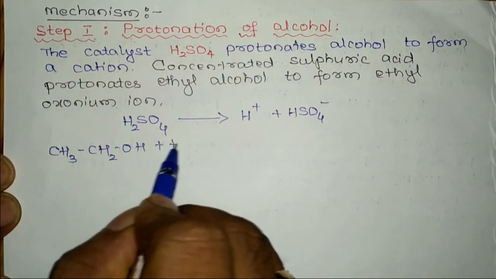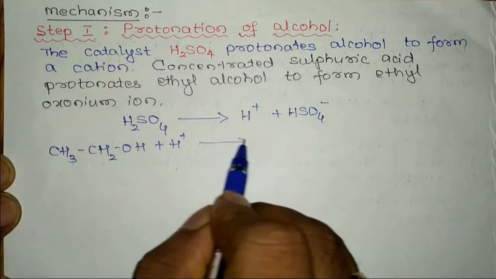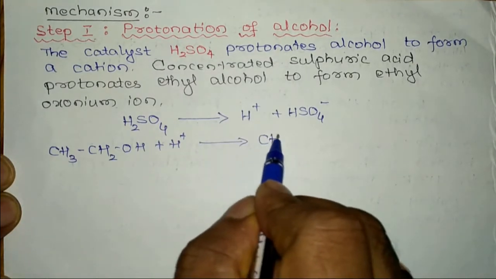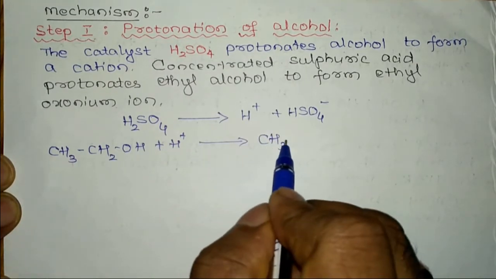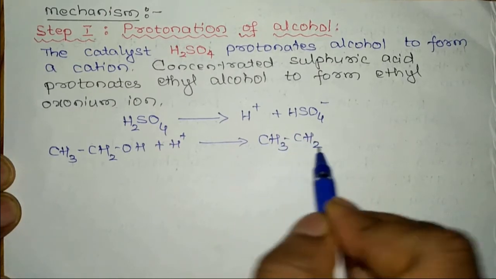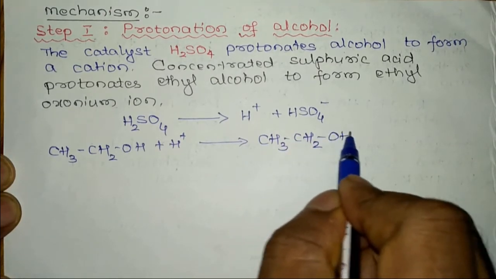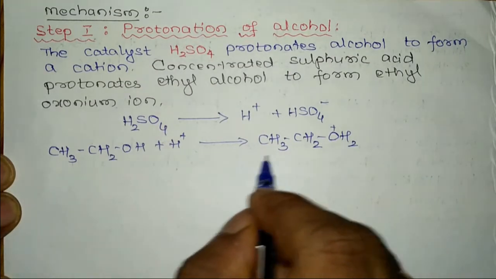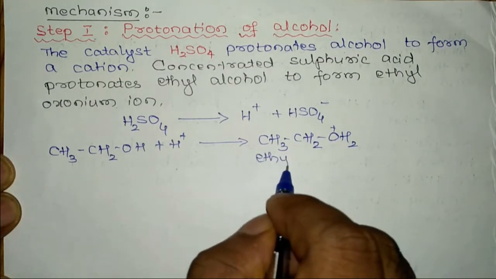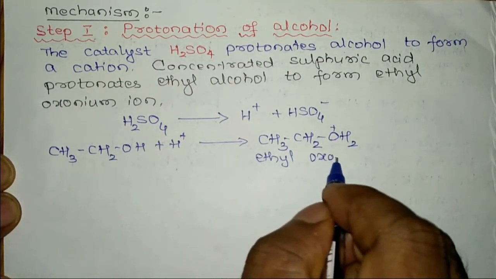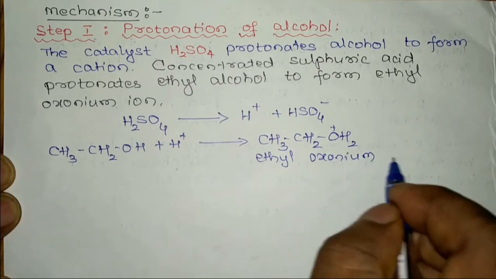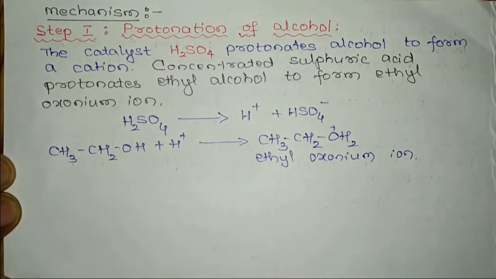H plus adds to a molecule of alcohol to form ethyl oxonium ion, a cation. CH3CH2OH2 plus, this is ethyl oxonium ion. This is a cation.